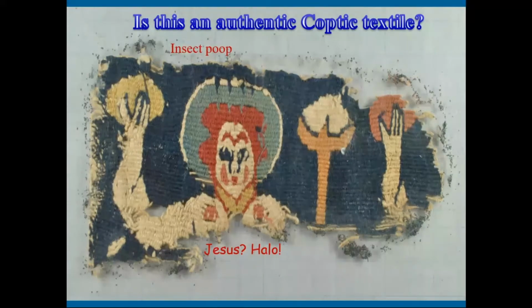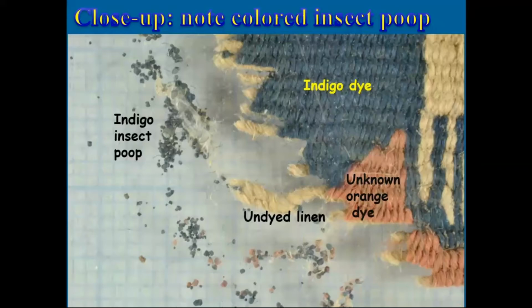Apparently, after it had been put in the plexiglass plates, insects had gotten in and lived off of the textile and the dyes in the textile. So with a closer view, you can see the indigo colored insect poop. There's a piece of undyed linen, similar to the one that we dated, and I'll show you in a moment.